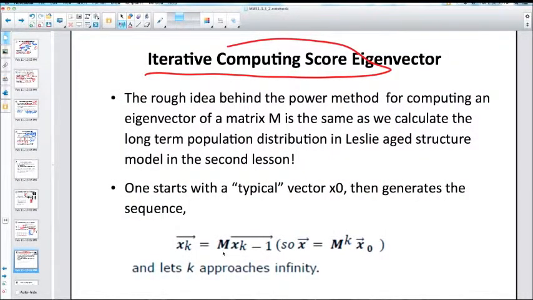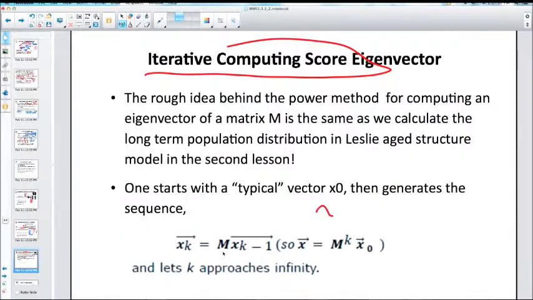You learned this when we discussed the Leslie matrix. How do we find the eigenvalue and eigenvector there? We just start from any guess. Initial conditions do not matter. If you do it enough times, each time you get x_k equals A to the power k times x_0.